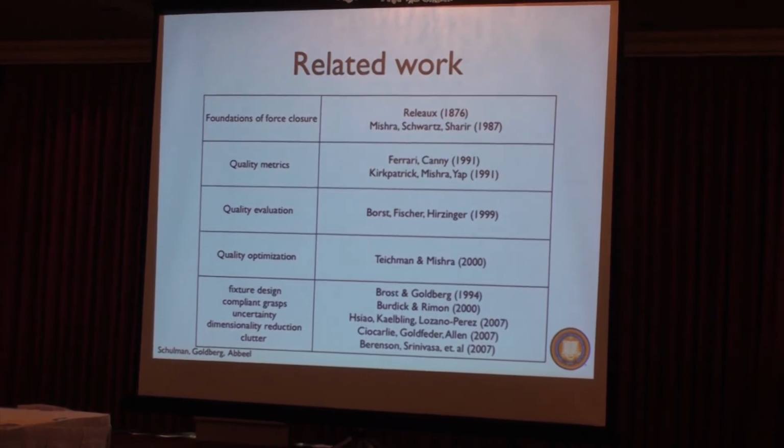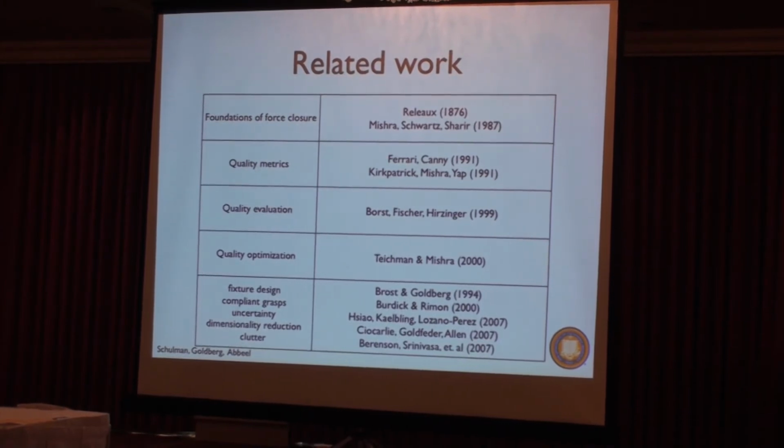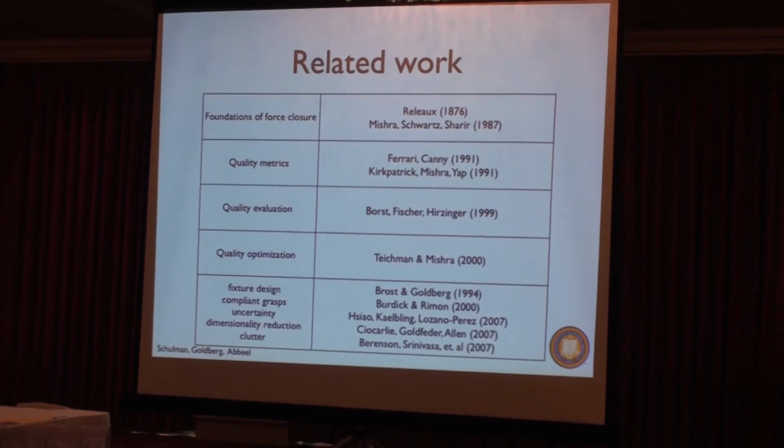They gave an efficient algorithm for evaluating the Q-infinity quality metric. That's an approximate algorithm. And Teichmann and Mishra addressed the second problem. They showed, when you specialize to the frictionless case, a fast algorithm for optimizing actually an easier quality metric.